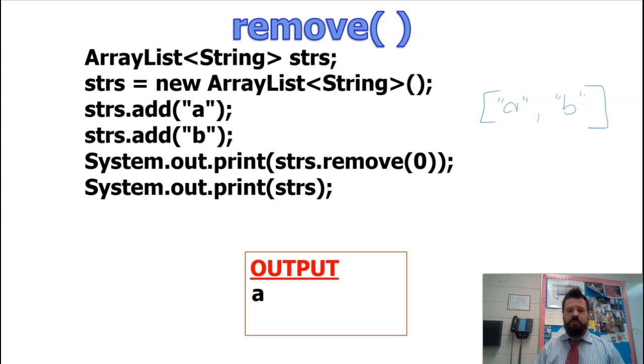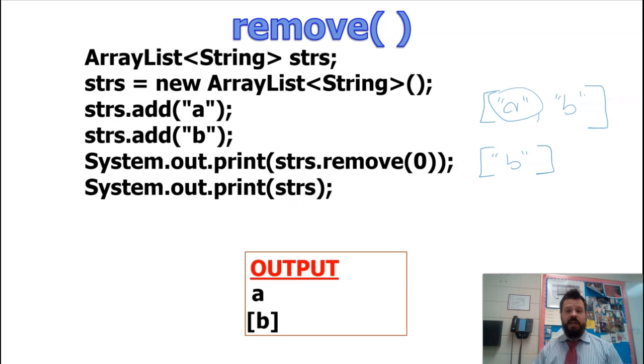The remove method returns what gets removed. So as a result of calling this, I'd be left with an array with just the B in it. The A got taken out, and the A gets returned by that remove method. So if I go to print that, the A is going to print off, followed by the actual array when I go to print strs.